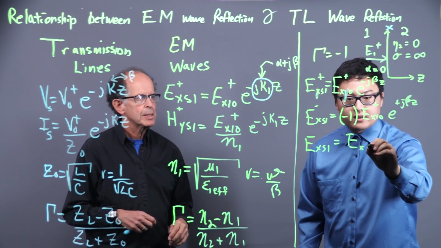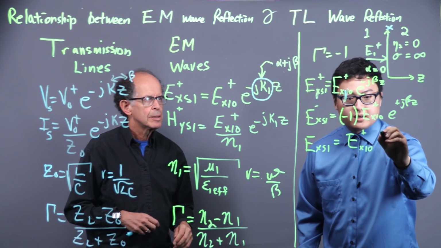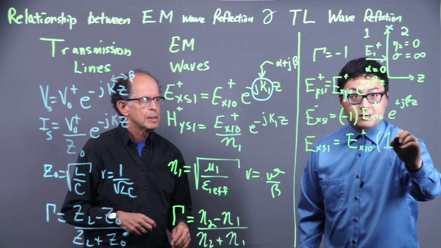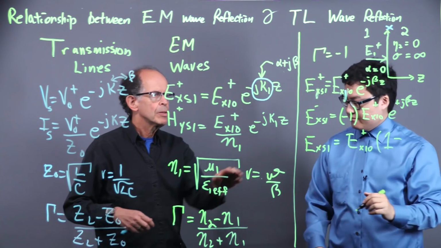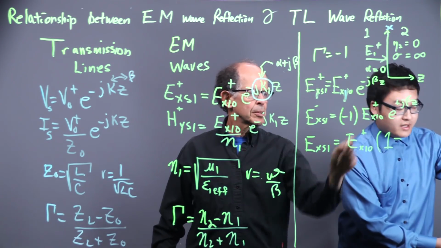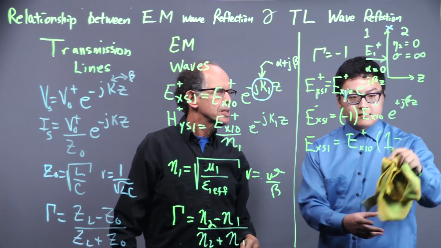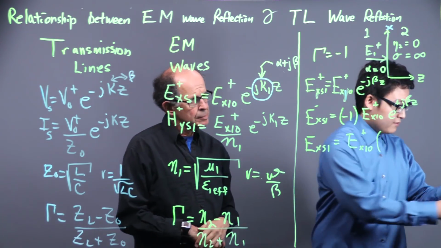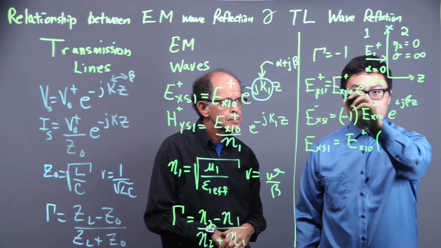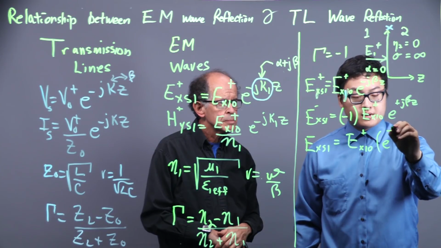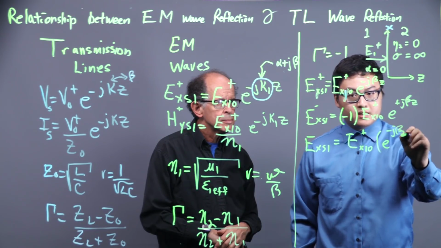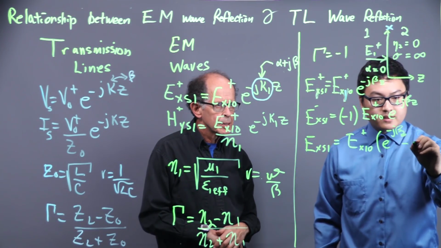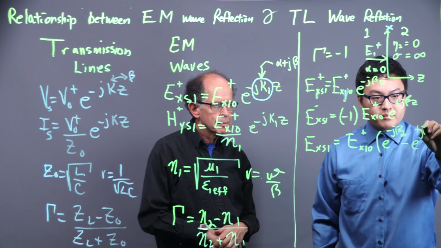You want e to the minus j beta z minus e to the plus j beta z.